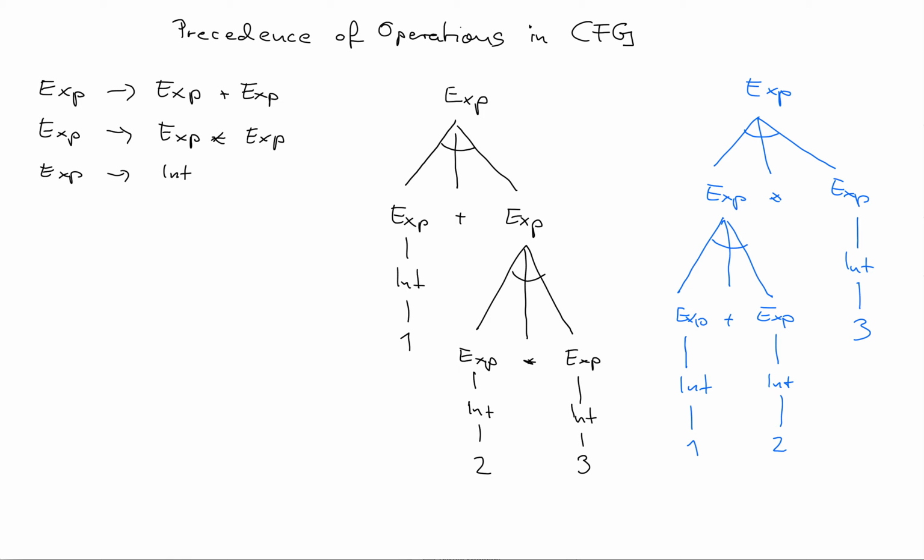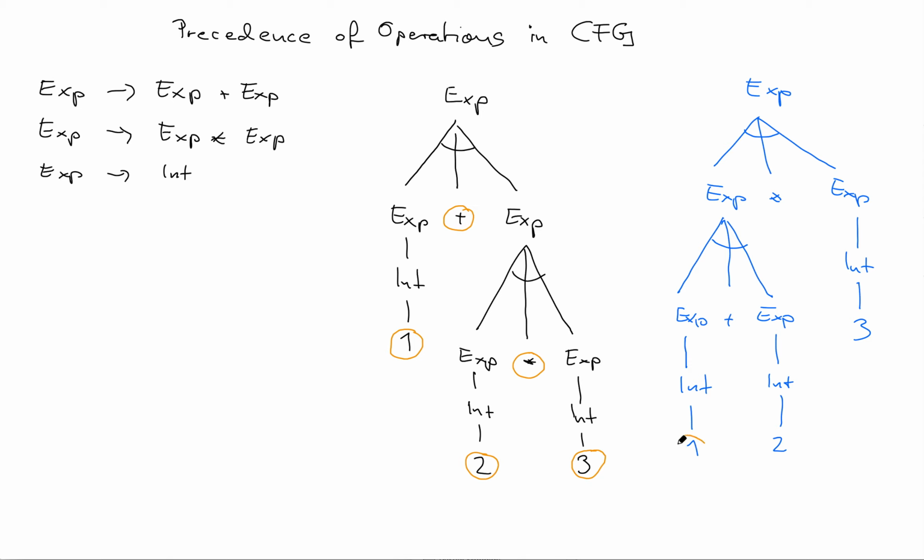So let us just quickly check that both trees parse the string 1 plus 2 times 3. On the left, to find the string that is parsed, we go through the tree, depth first, left to right, and we see that we derive the string 1 plus 2 times 3.